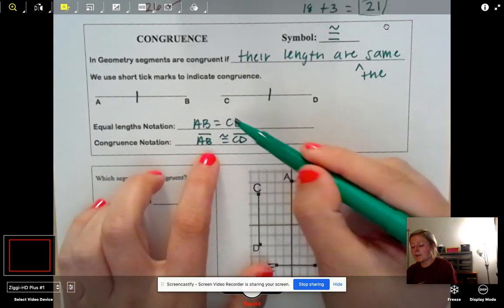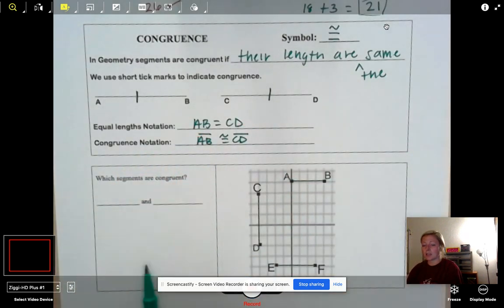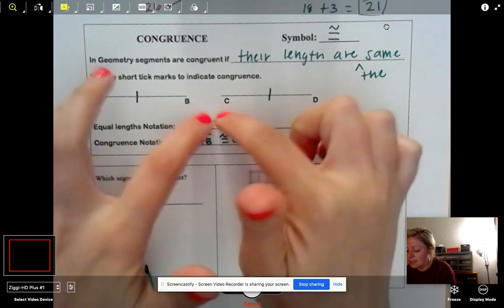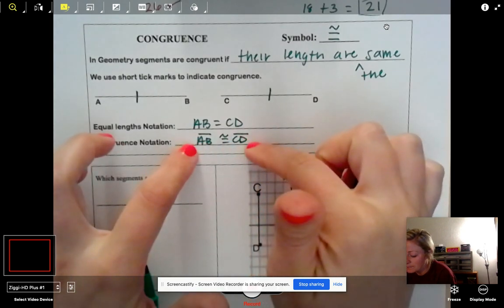When I talk about their measures, they are equal. When I talk about the physical segment itself, those things are congruent. So that's why we write them differently. Equal sign, there's no bar on top. A congruent symbol, we would have the bar on top.